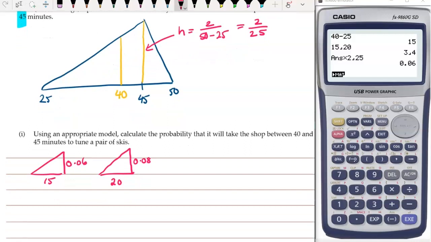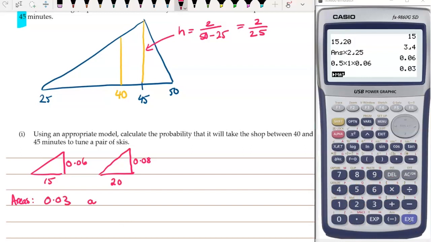Okay, so this area here, so areas will then be half the base times the height. That was 15 times 0.06. So that's 0.03. And the other triangle, half times the base times the height is 0.8.